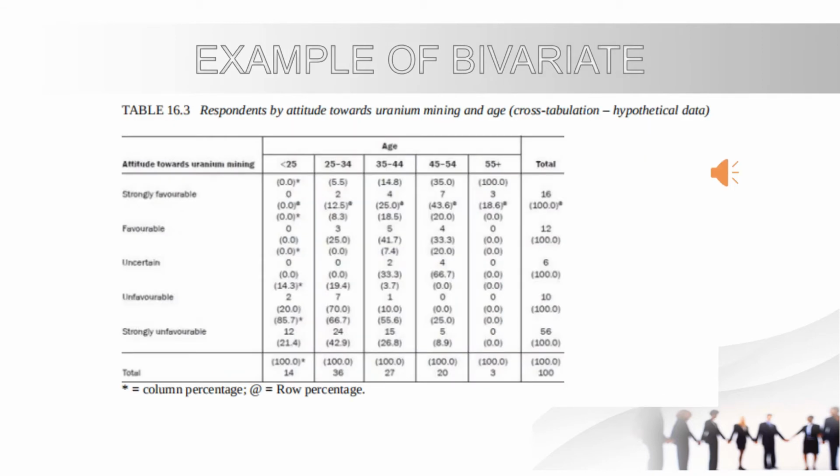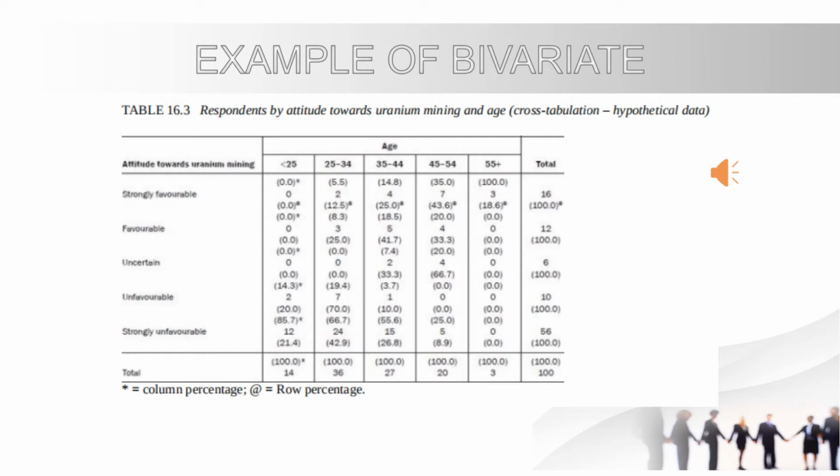So let's look at the second type of table, which is an example of your bivariate. In table 16.3, these are respondents by attitude towards uranium mining and age, meaning this is partly a cross tabulation, with hypothetical data. As we all know, bivariate, also known as cross tabulations, contains information about two variables.